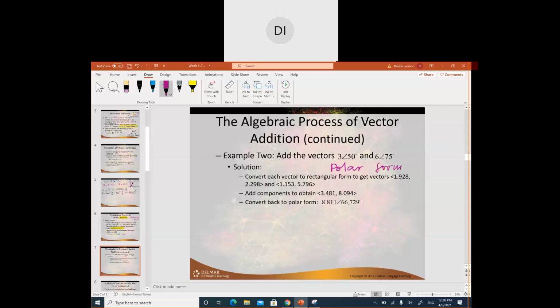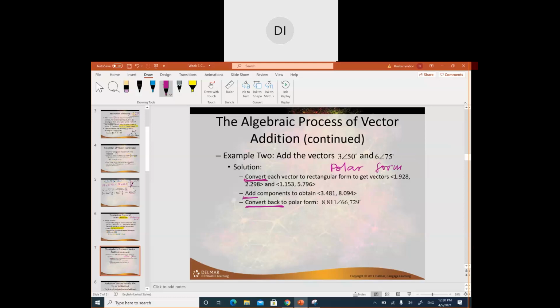We need to change them to rectangular, okay? So you have to convert them to rectangular. And after you convert them, you're going to add them, and then you're going to convert back. So these are the steps. So the rule is, if you have a vector given in polar, you have to change it to rectangular and then go back to polar.